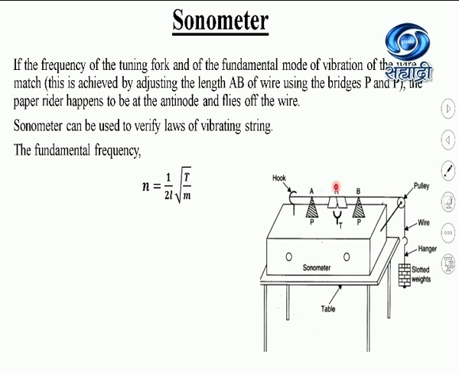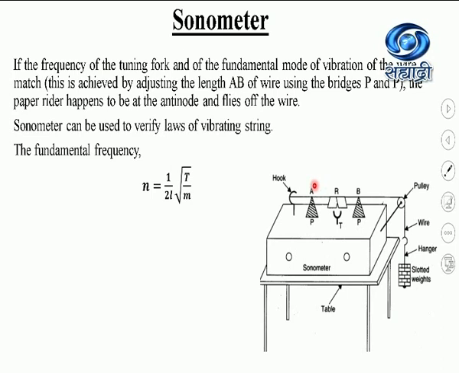If the wire vibrates at one of its natural frequencies, then standing waves with maximum amplitude are set up in the wire. Here, when the frequency of the vibrating string and the frequency of the tuning fork are matched, it is termed resonance, and this wire vibrates with maximum amplitude.